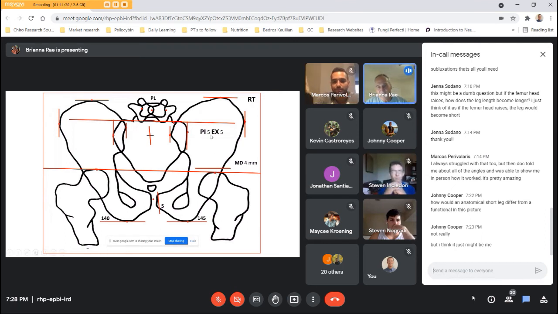So a PIEX will lower the femur head, but upon correction, it's going to raise the femur head, and by our 40% rule, we're saying it's going to raise it by 4 millimeters. So that's going to make the actual deficiency 0. So that means this patient should have no leg length deficiency on either side if you've corrected this PIEX.